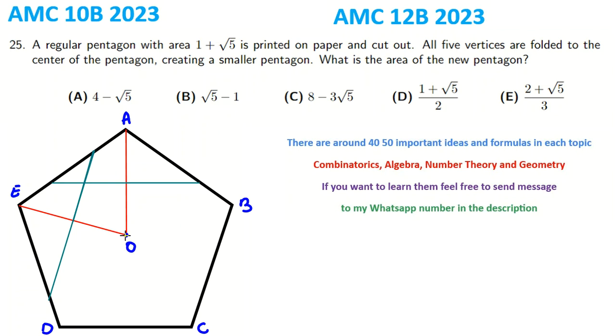If we do the same for the other vertices, for each of them, for example this one, the angle will be around 78. It will be something like this.